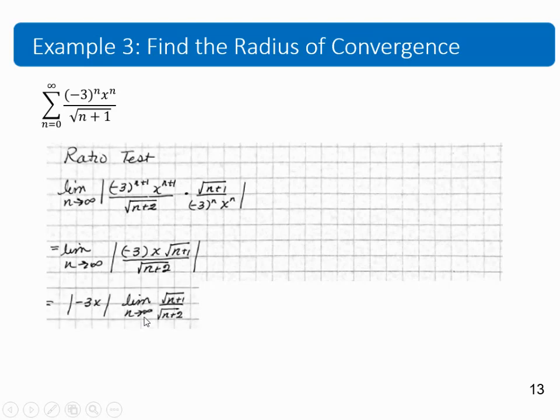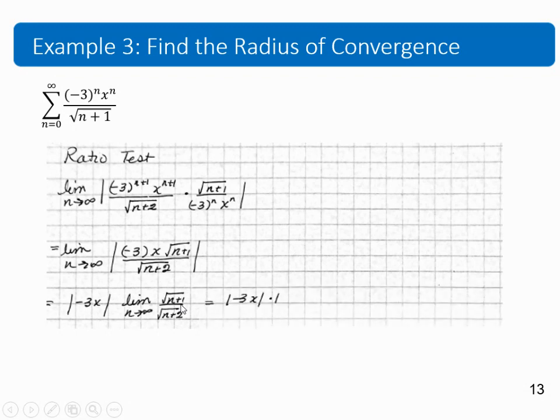And so you can have this expression. So absolute value of -3x multiplied by the limit as n goes to infinity of square root of n plus 1 divided by square root of n plus 2. And we know that this limit is going to go to 1. And so you're going to have absolute value of -3x multiplied by 1.